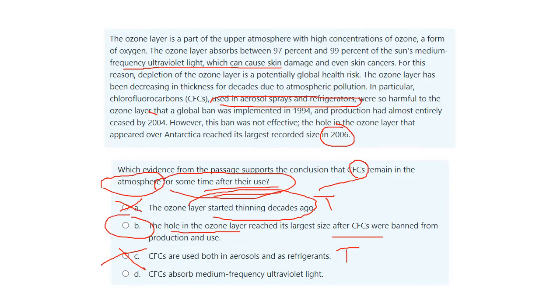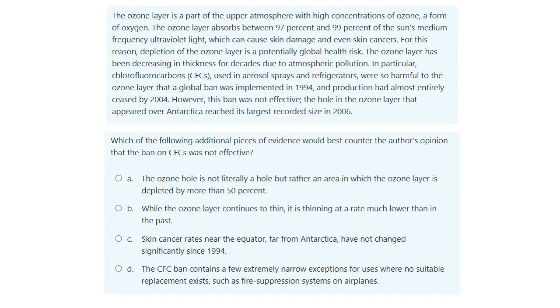So even though they stopped being used in 2004, the hole got bigger until 2006. That suggests that even after people stopped using them, they remained in the atmosphere. That's why answer B is correct.